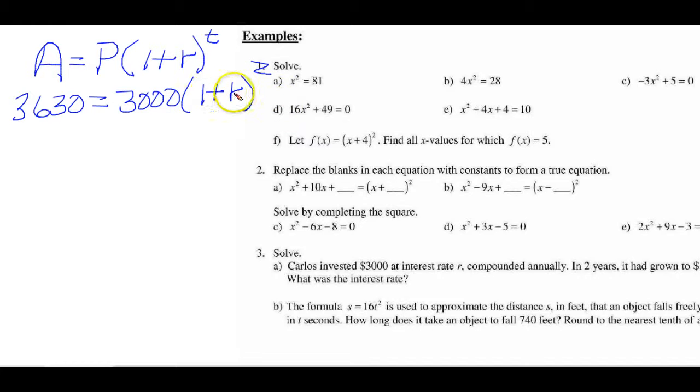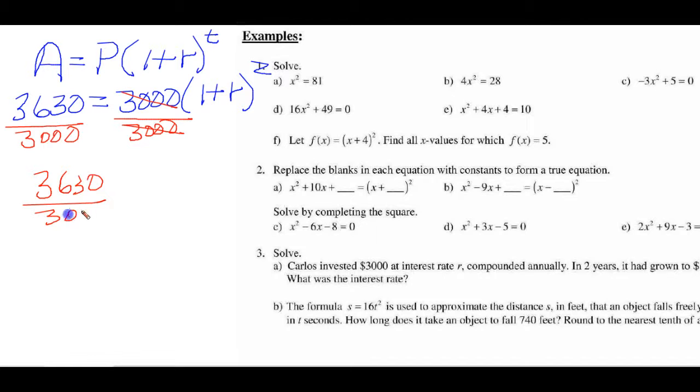So we want to isolate the R, and we start to do so by dividing both sides by 3,000. So here it cancels out. Let's write this out here. This is going to be 3630 over 3,000 equals 1 plus R, the quantity squared.